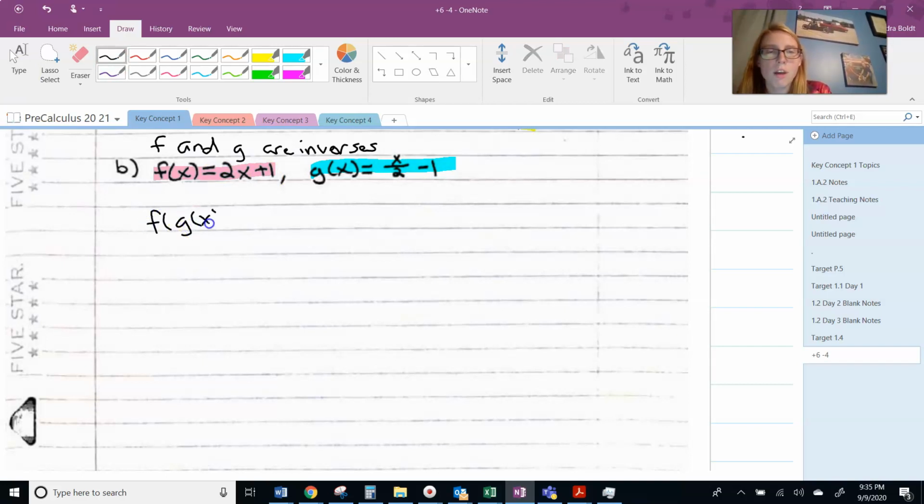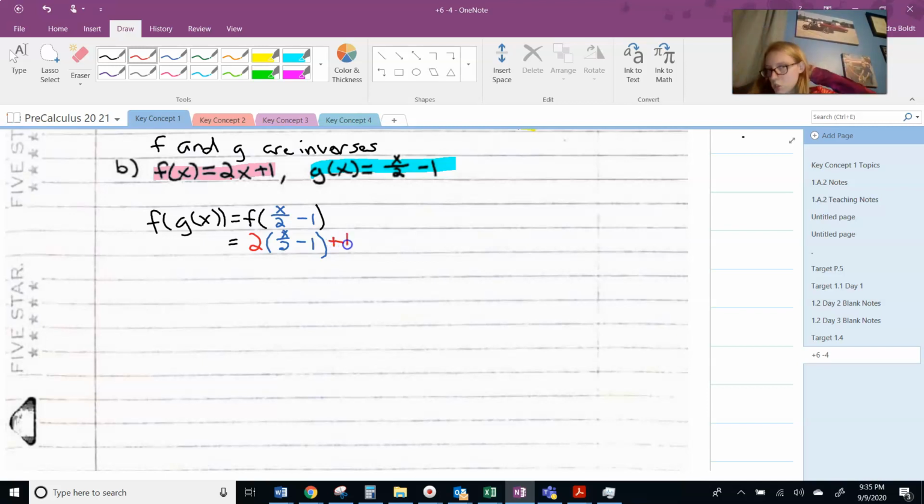Start with f of g of x, which is f of, well, g of x is x over 2 minus 1. So I'm going to take my f function. I have 2 times x, plus 1.